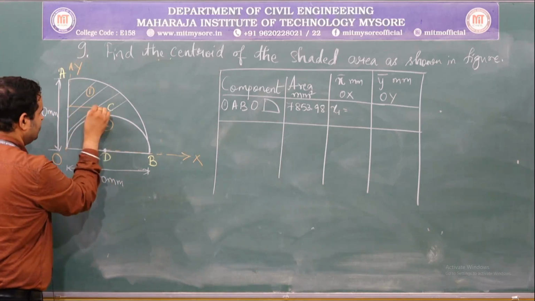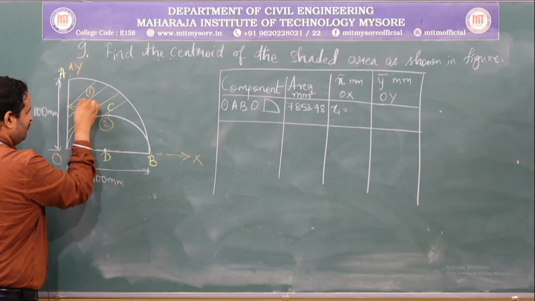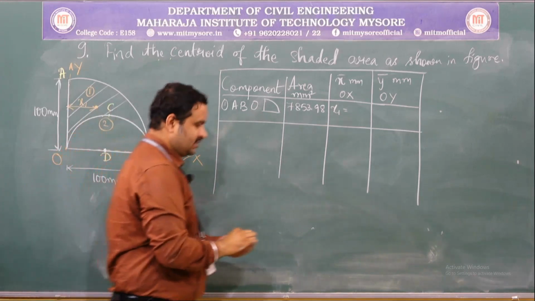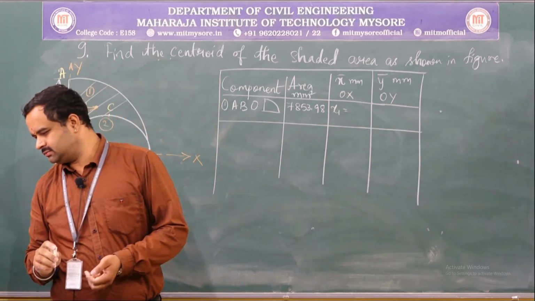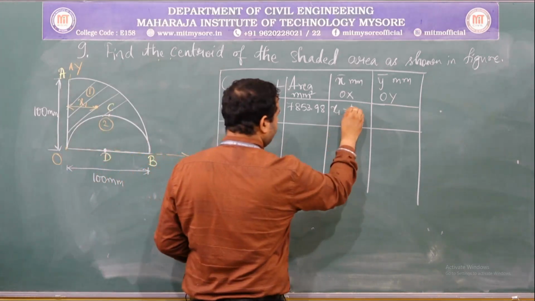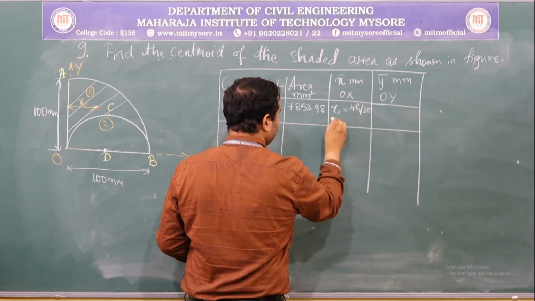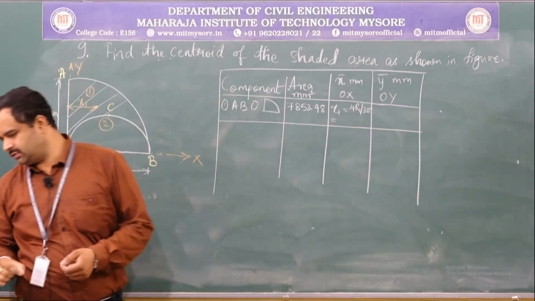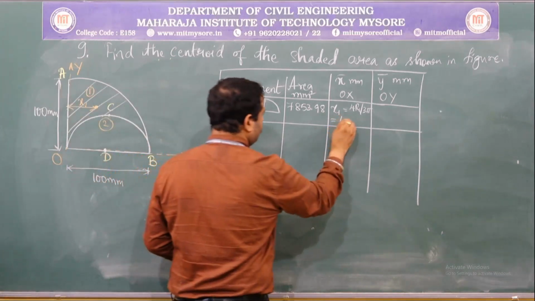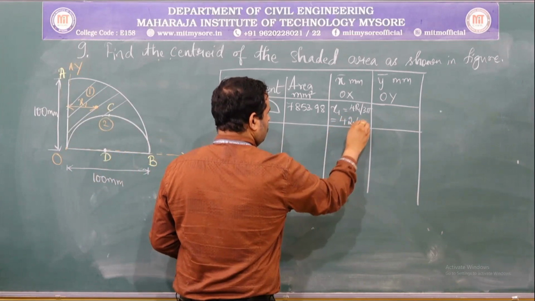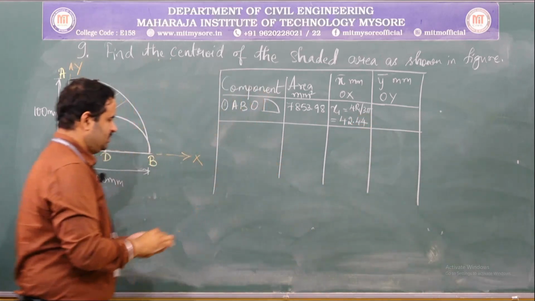So, this is nothing but the x1, which is 4r1 by 3 pi, which we have already calculated, that is equal to 42.44 mm. And what about its y1?